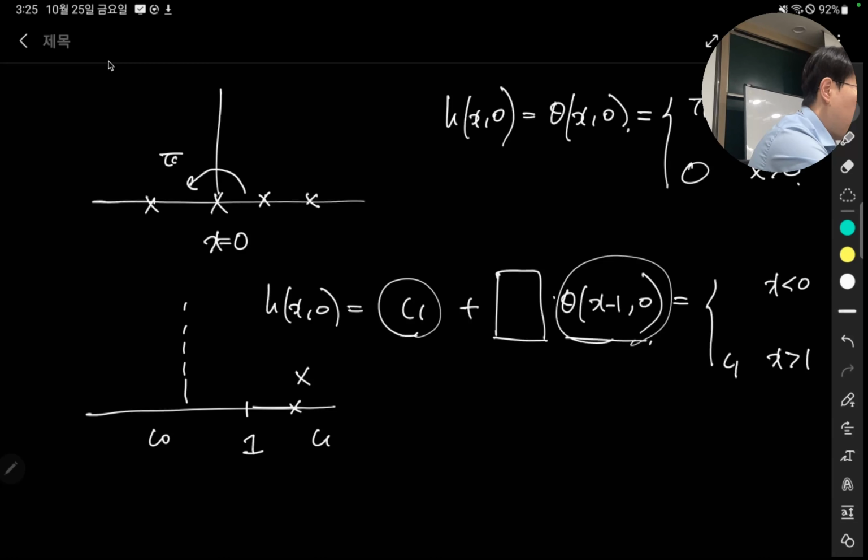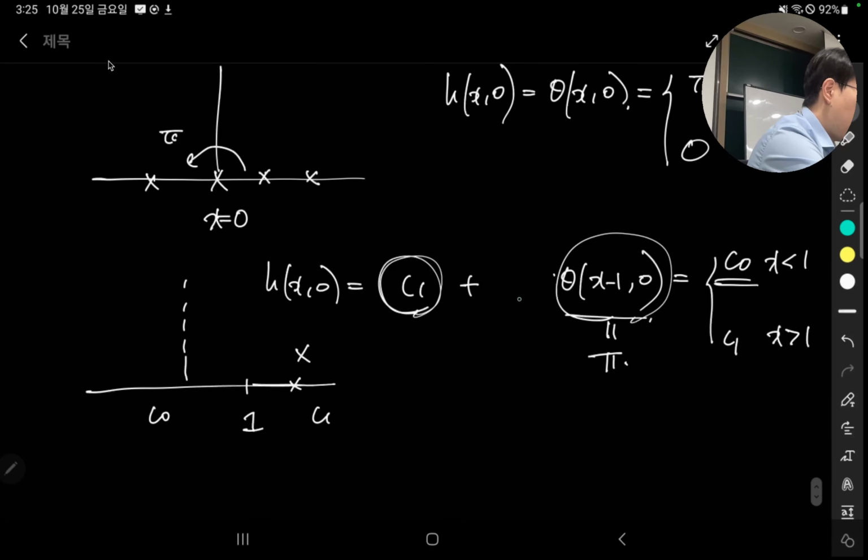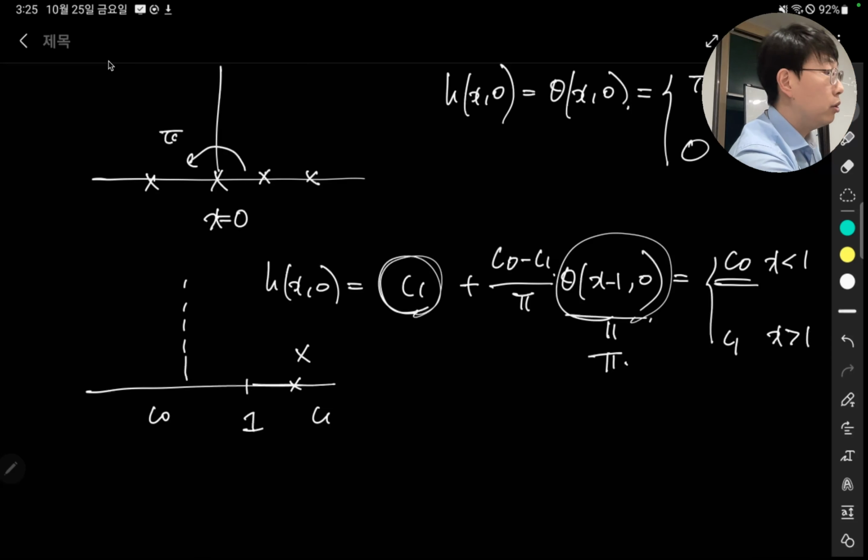So if I want C0 when x is less than 1, what should you do? Now, the value of theta becomes pi. So adding pi times something to C1 to become C0, what you need is pi divided by pi to make it 1, and then C0 minus C1. So then you get C0 when x is less than 1.